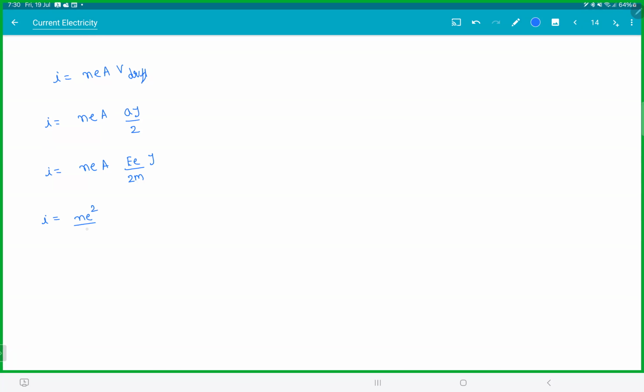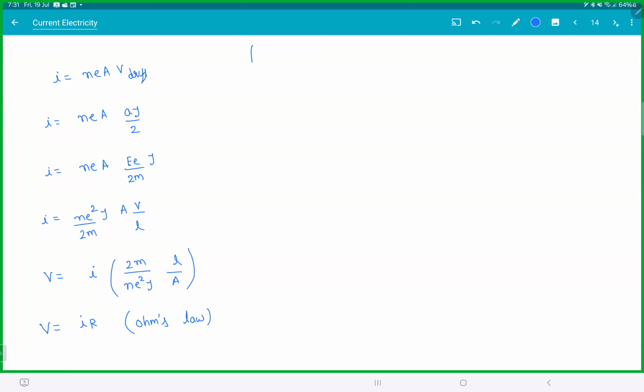You'll see something interesting. You will notice you'll get V is equal to I into 2m by N e square tau, L by A. This quantity is V is equal to IR. This is your Ohm's law. Basically, we proved Ohm's law.